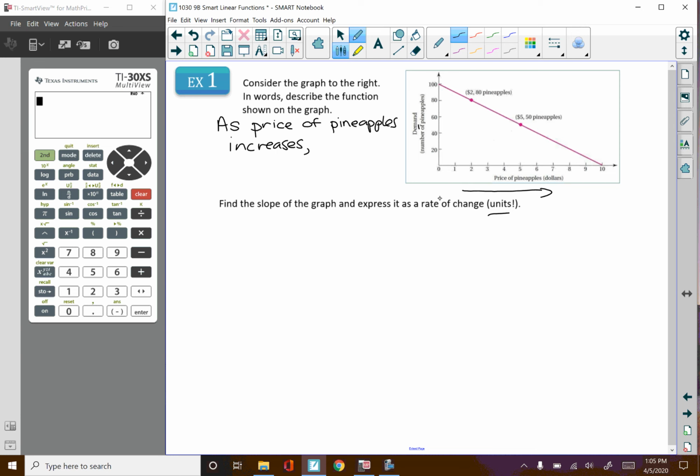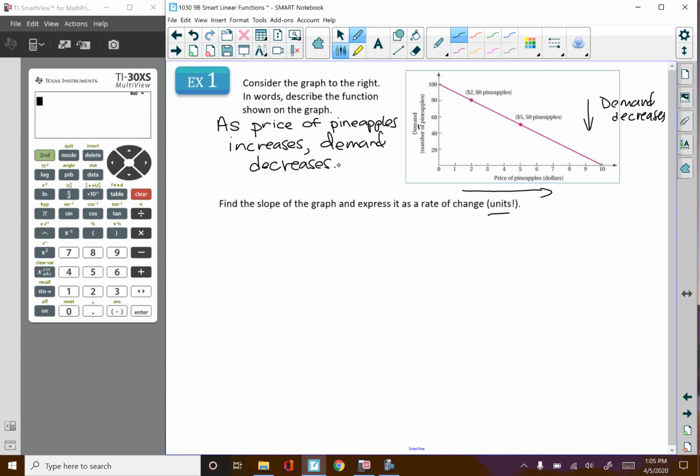So as the price of the pineapple increases, the demand is going down. On your homework, most of these will be multiple choice.